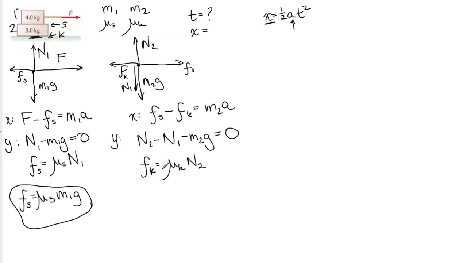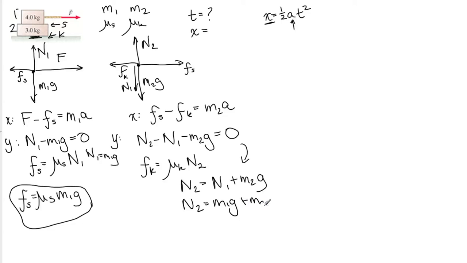And I see to get an expression for f sub k, I have mu sub k, I need something for n2. So this equation tells me that n2 is equal to n1 plus m2g. But this equation told me that n1 was equal to m1g, right? So n2 is equal to m1g plus m2g.